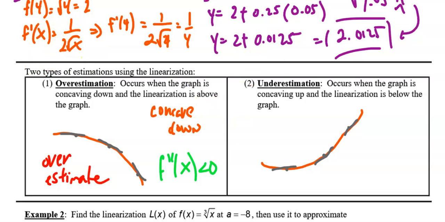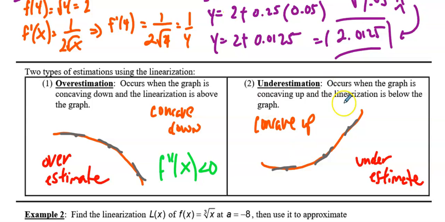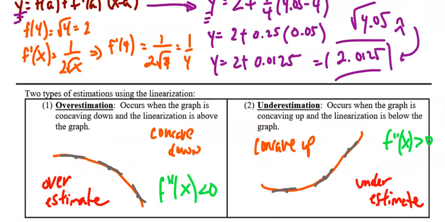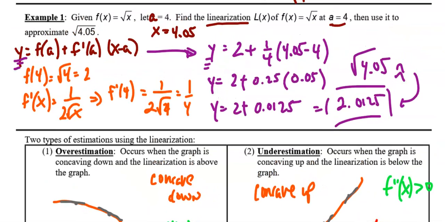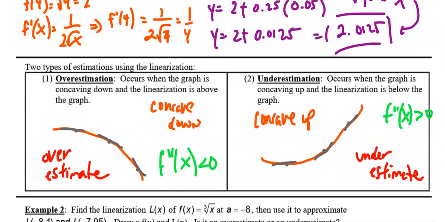And then over here on the right-hand side, if I'm concave up, then I know that I'm going to be an underestimate because the lines are going to be under. And again, it's because your second derivative is actually going to be greater than 0. So if we look at our example up here, our first derivative was really going to be, and let's actually just for example do this because our function was the square root of x, right?